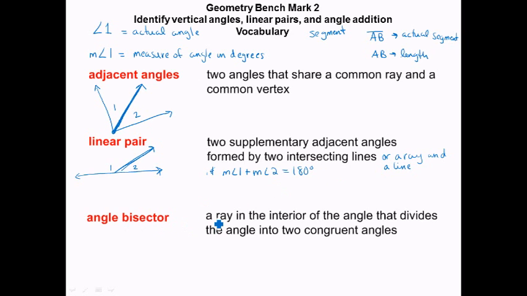An angle bisector is a ray or a line, or maybe even a segment that divides the angle into two congruent angles. So basically, bisect means to cut in half. That's what the word bisect means. So if we have an angle, just our normal everyday angle, this thing comes in and it cuts it into two pieces where angle 1 will equal angle 2.